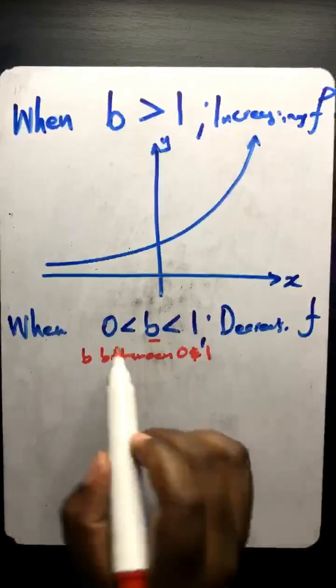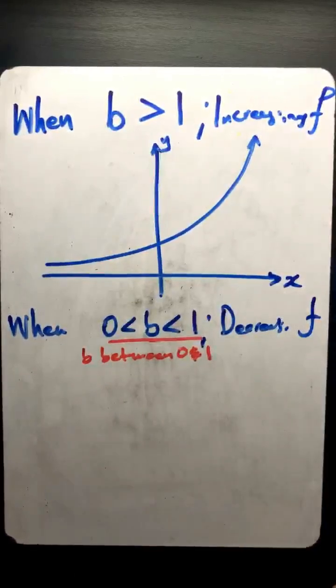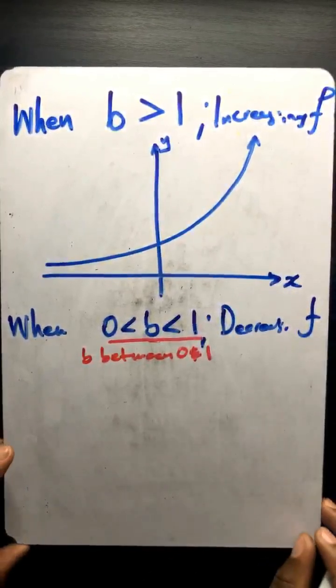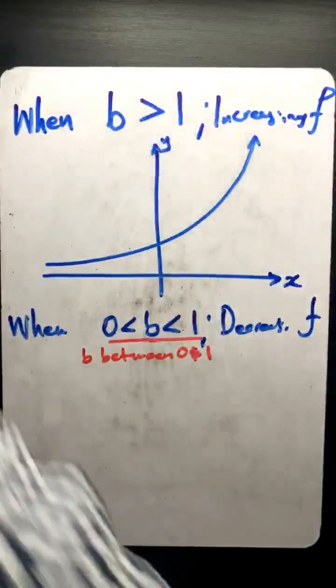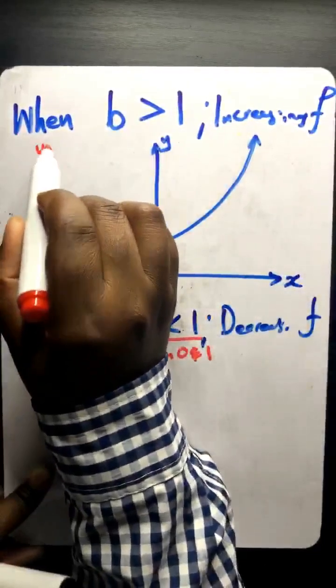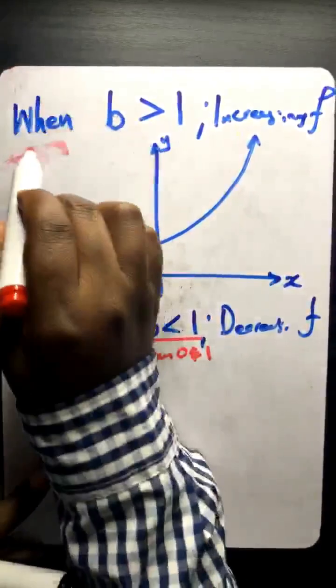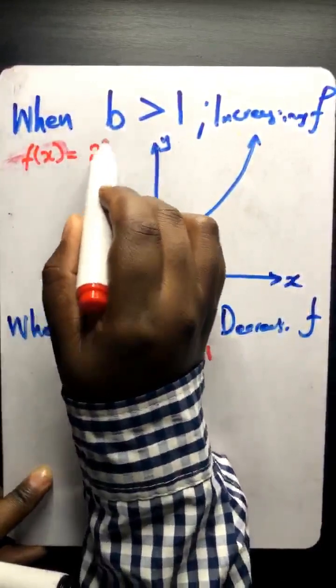If you are not able to interpret what that means, you will struggle to understand it. So what is a value which is between 0 and 1? It's normally a fraction. Let's give an example where b is greater than 1: f of x equals 2 to the exponent x.